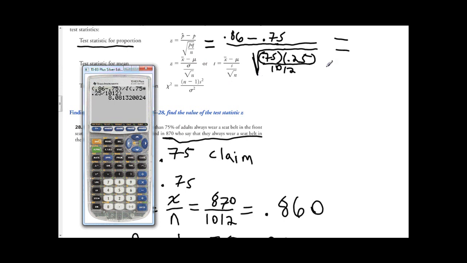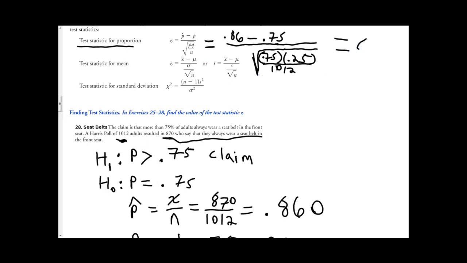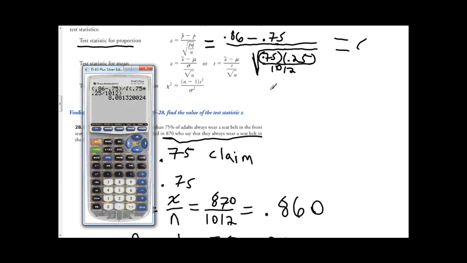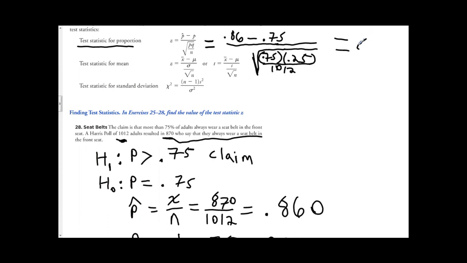Press enter, and my z-score, my test statistic, is 8.08. So 8.08 is my test statistic.